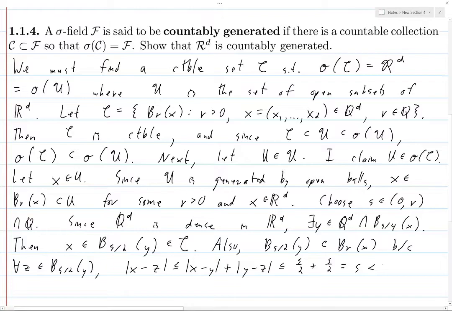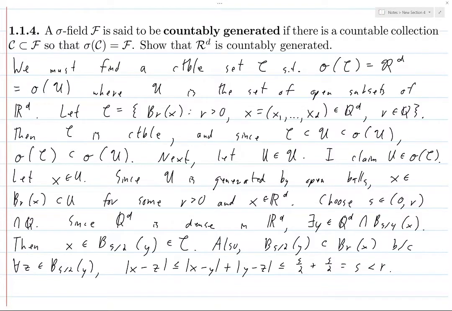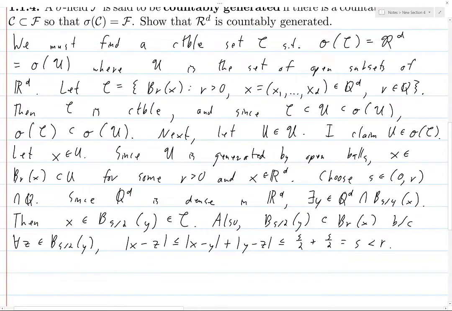Okay, so for every element in the ball of radius S over 2 centered at Y, its distance from X is less than R, and so the ball of radius S over 2 centered at Y is contained in the ball of radius R centered at X. Okay. So what does this tell us?